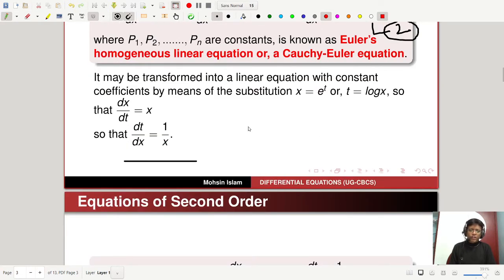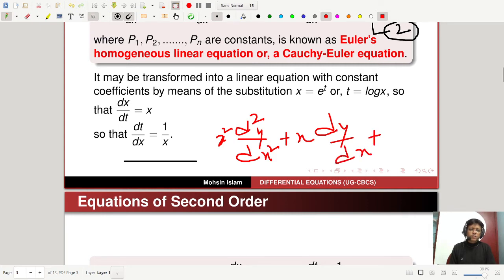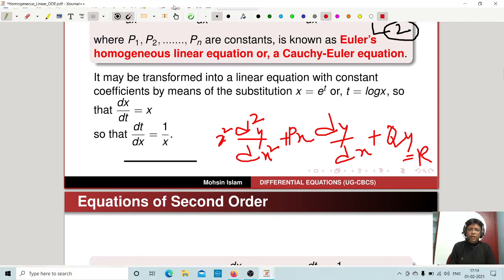It will look like x squared d2y/dx2 plus p x dy/dx plus q y equal to r. Here p and q are constants and r may be a function of x. This is your second order differential equation.